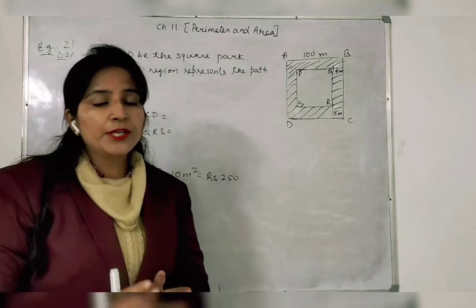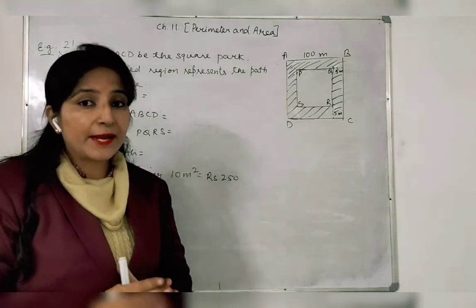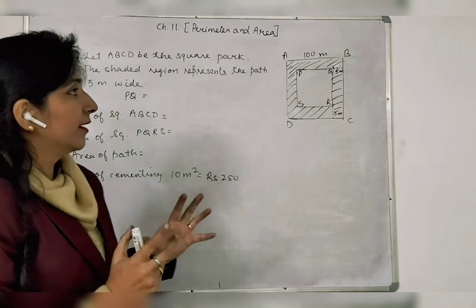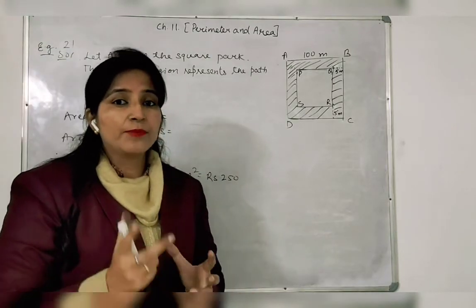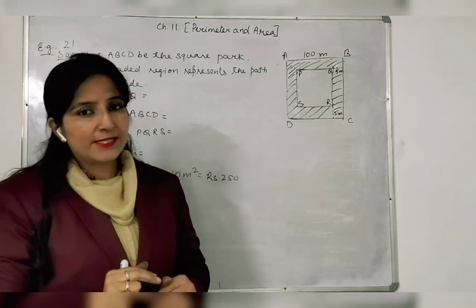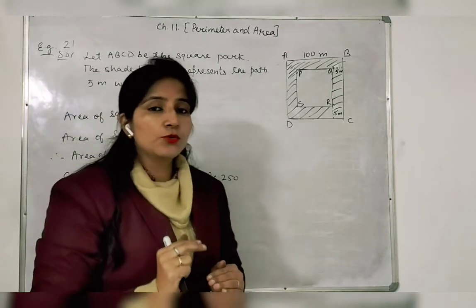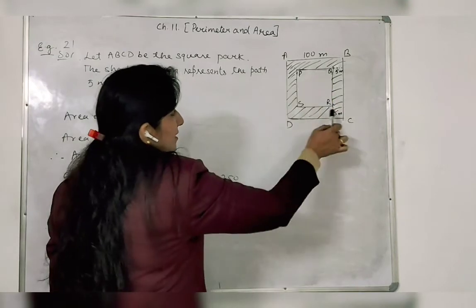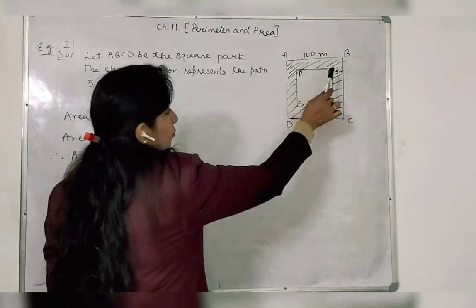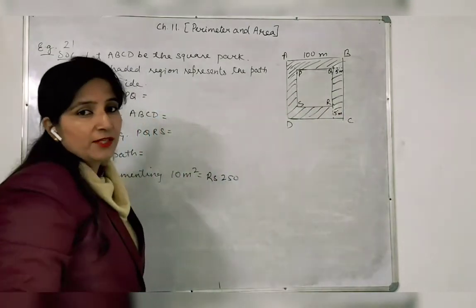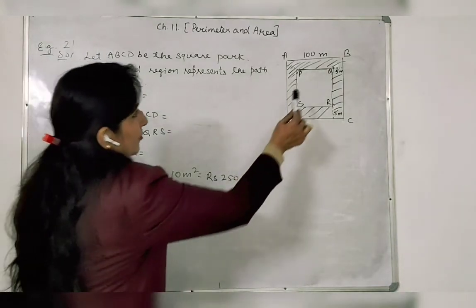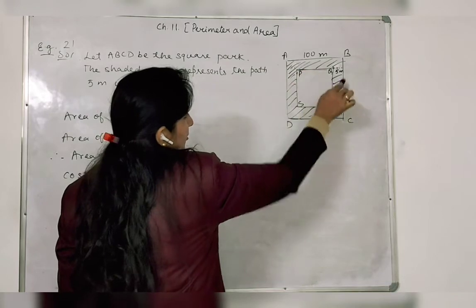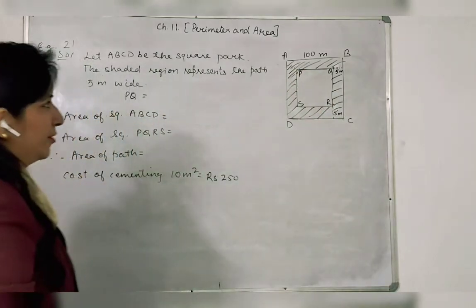While reading the statements, we should always take care whether the path is outside or inside. In this case, the path is made inside the square park and the path is 5 meter wide, from this side also 5 meter. The width is 5 meter on all the sides.